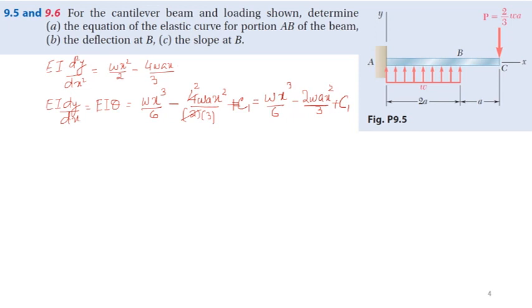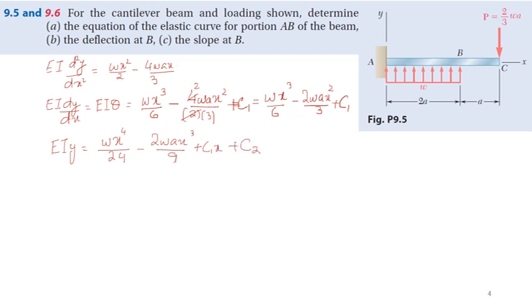Now if you integrate it again, we have EI y, and that will become Wx to the power 4 by 24 minus 2WAx cube by 9 plus C1x plus C2.